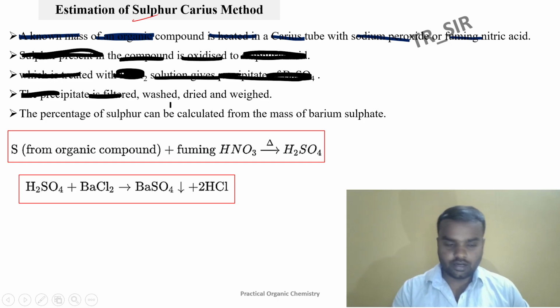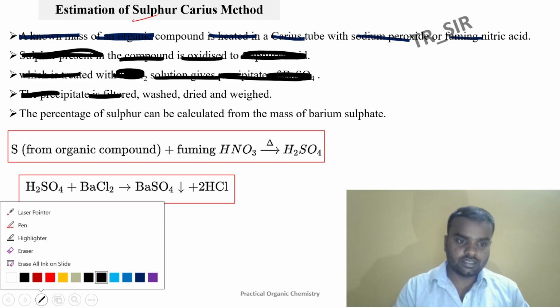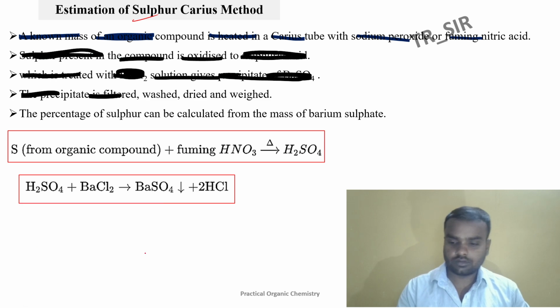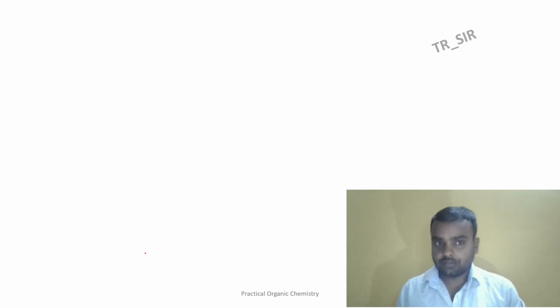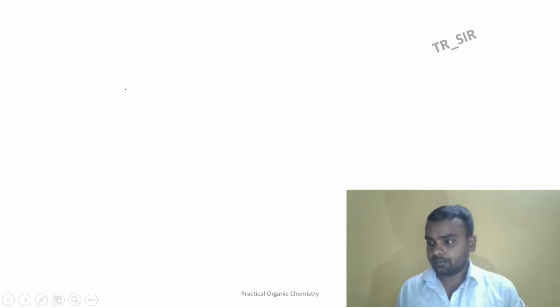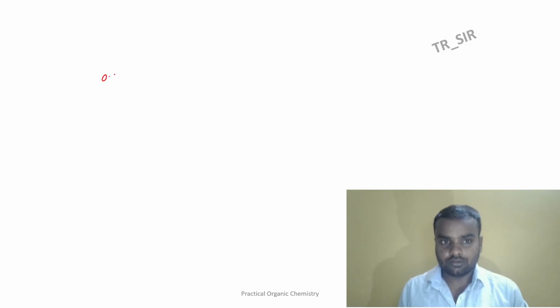Now we'll try to see how we can use it in an easy way to understand. So here what happened? We have taken the organic compound and we are treating it with sodium peroxide or fuming nitric acid.